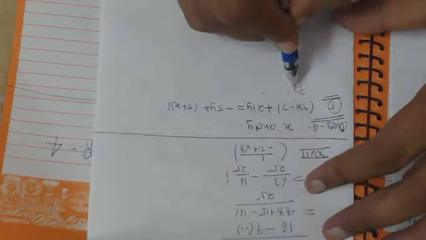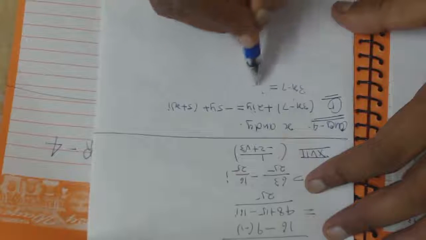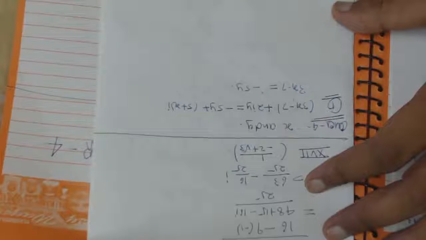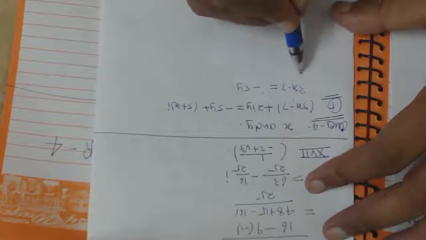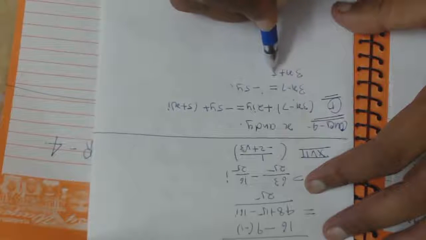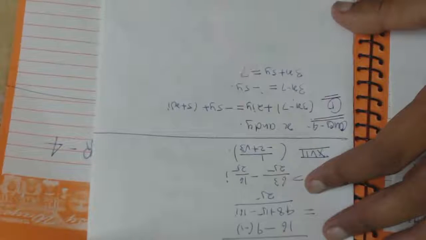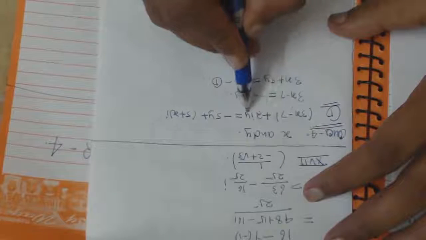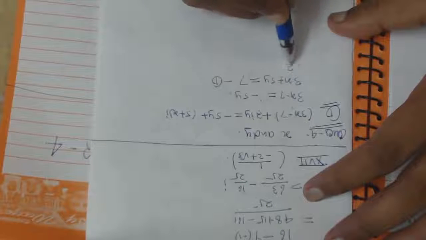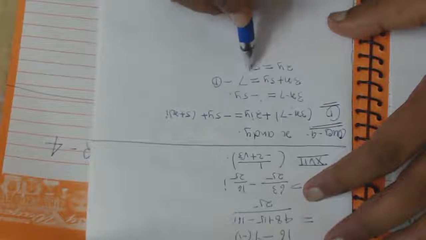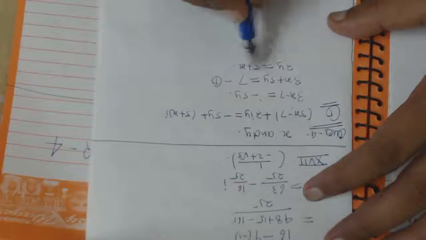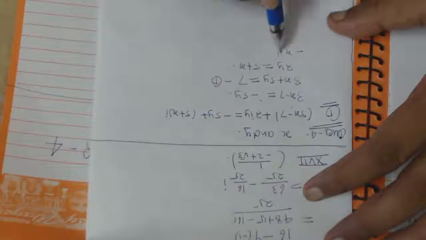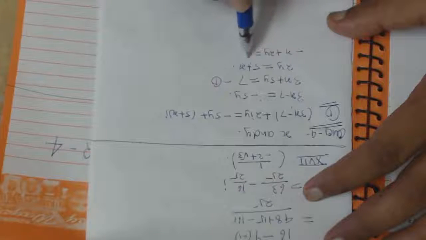So on comparison, this 3x minus 7 is equal to minus 5y. So minus 5y comes over here, 3x plus 5y will give you 7. This is equation number 1. Okay, this 2y is equal to 5 plus x. Now minus x over there, minus x plus 2y is equal to 5.